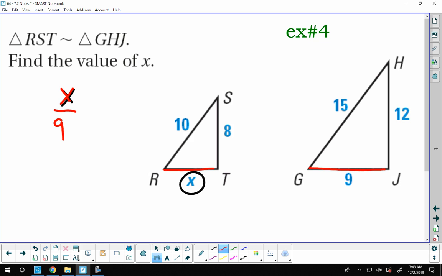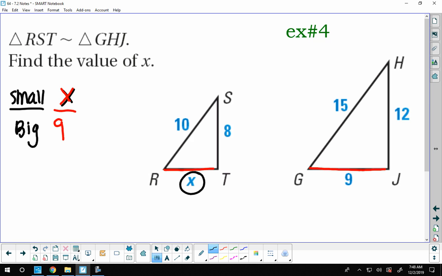Since I always start with my variable, I just identify which triangle that's from. So x is from the small triangle. Oh, why did I write big? Whoops. Sorry, x is from the small triangle and 9 is from the big triangle.